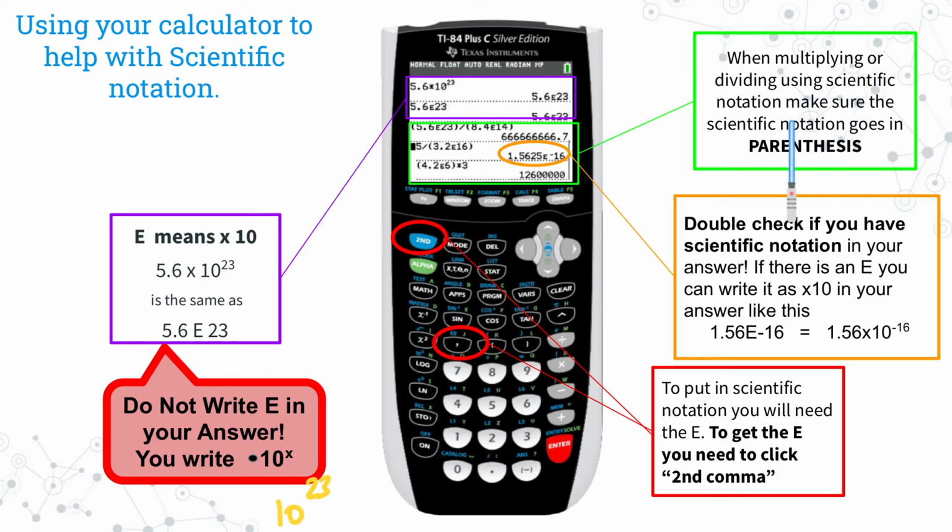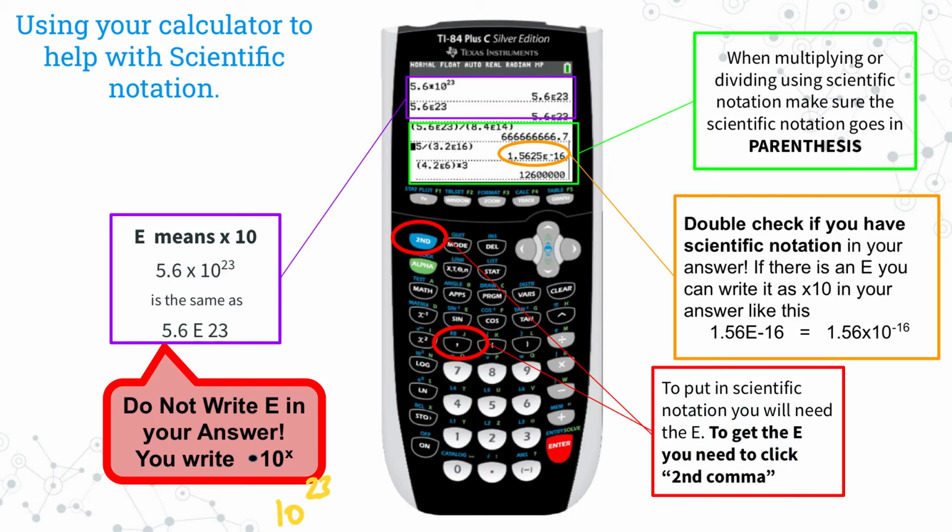When multiplying or dividing using scientific notation, make sure you put your numbers in parentheses, and double check your answer if it has scientific notation. A lot of students will just write 1.56 as their answer, which would be marked incorrect, because the answer is actually 1.56 times 10 to the negative 16th.